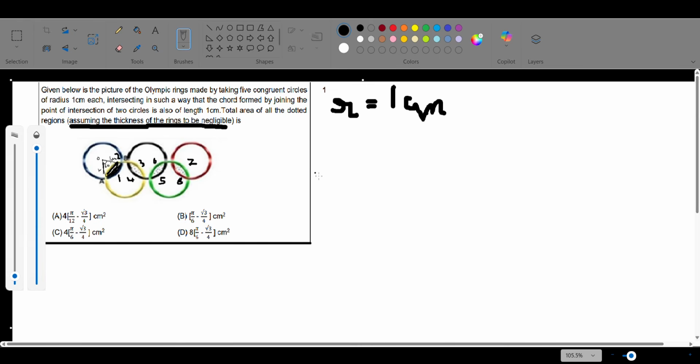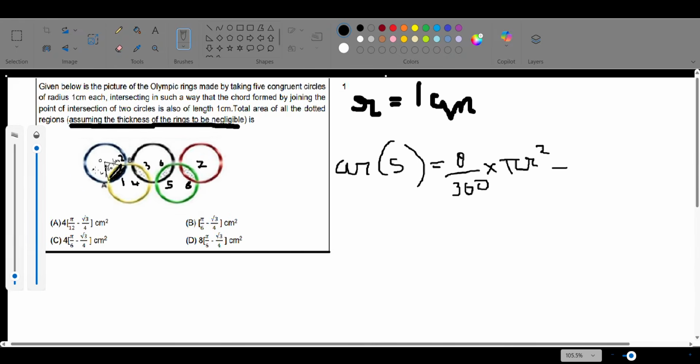How do you find it? We know the area of a segment is equal to theta by 360 into pi r square, which is the sector, minus the area of the triangle.